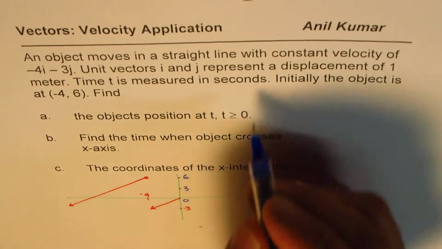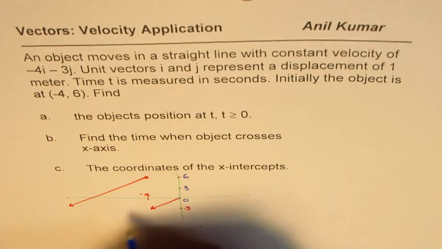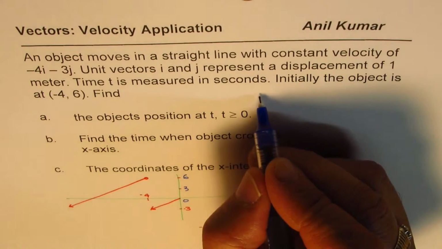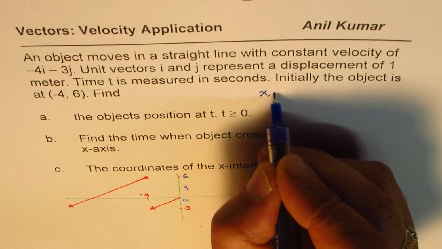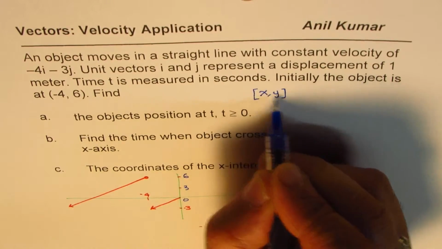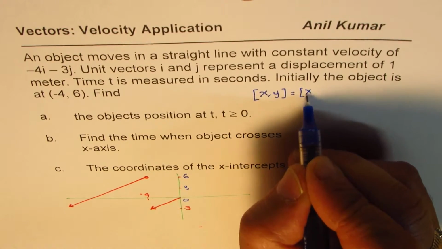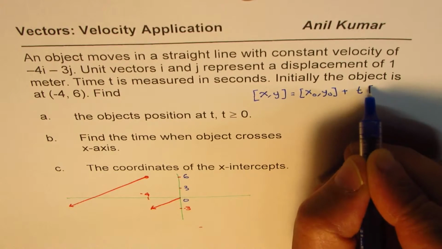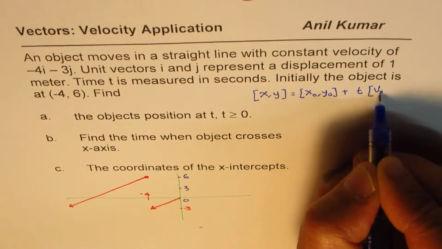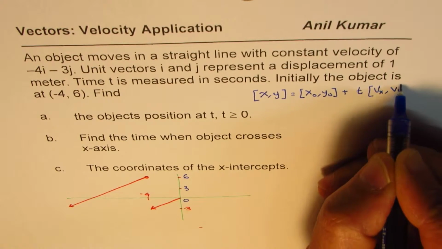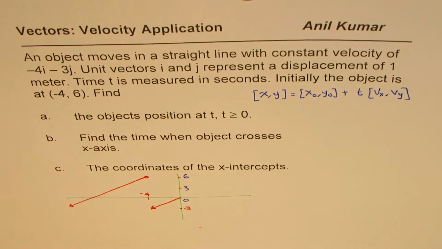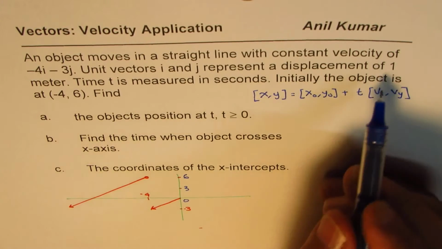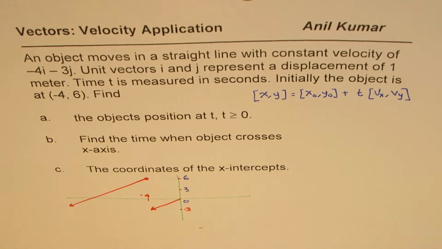So the position vector for any velocity cases we'll be working with will be, let's say, x, y is the position. It starts with the initial position x0, y0 plus time times the velocity vector vx, vy. That is how we are going to write all our equations. Now here we can see the direct correlation, right?